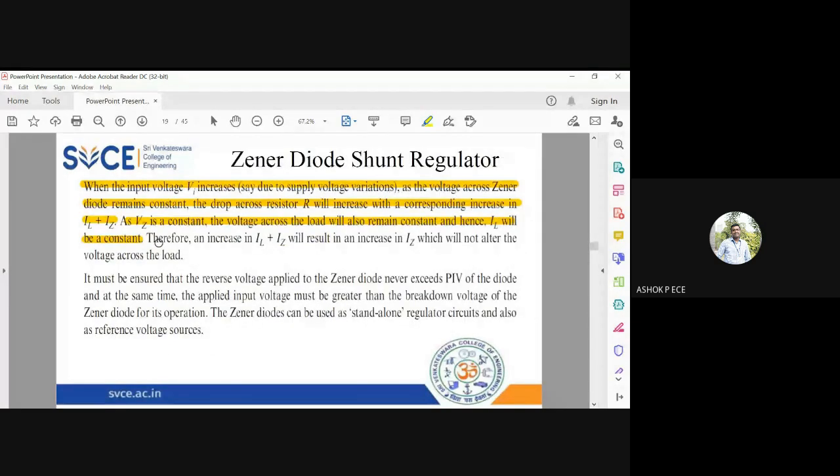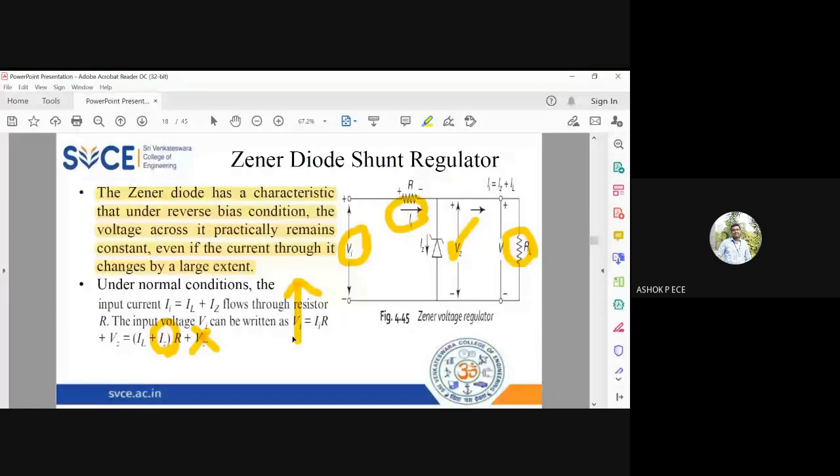IZ will alter itself to ensure that a constant voltage is available across the Zener diode. You are able to understand. When the input voltage is increasing, since VZ is constant, only IL plus IZ can increase, and among IL and IZ, only IZ can increase because IL is constant. So when the input voltage is increasing due to some unknown reason, IZ will increase to ensure that the output voltage is constant.